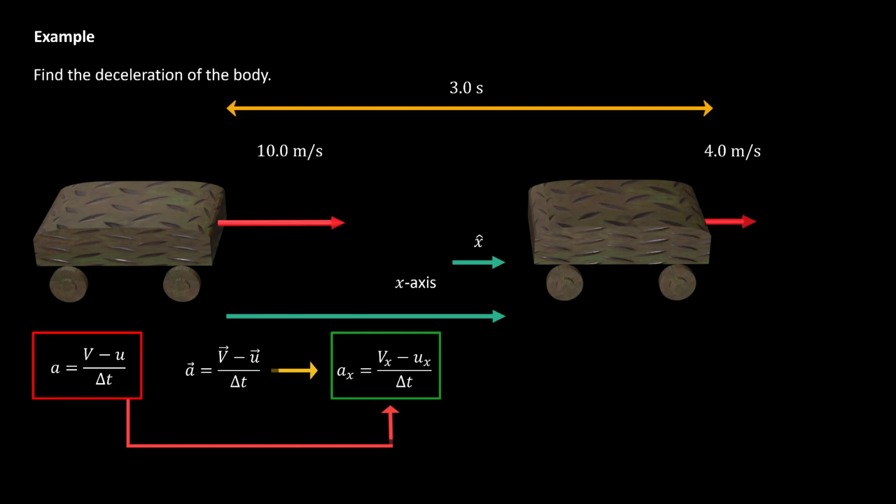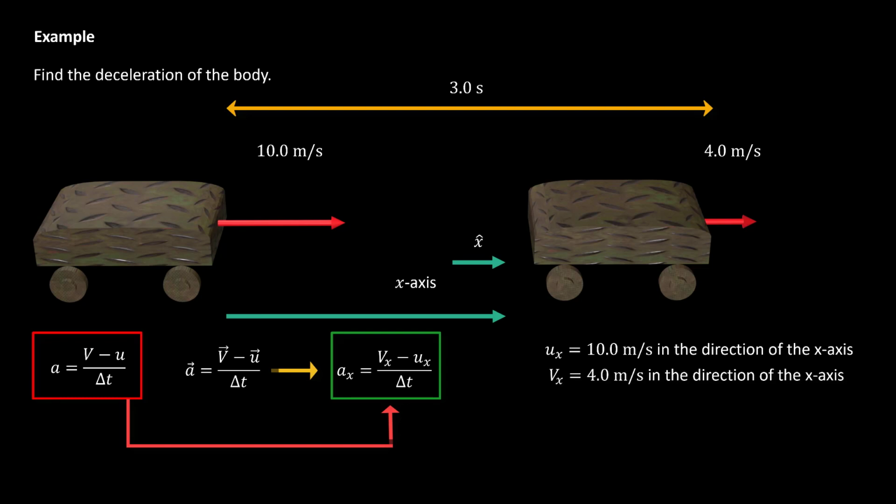In our problem, we have u_x equals 10.0 meters per second, v_x equals 4.0 meters per second, delta t equals 3.0 seconds. If we substitute, then we have a_x equals 4.0 minus 10.0 divided by 3.0, which gives us minus 2.0 meters per second squared. The component of the acceleration vector is negative.